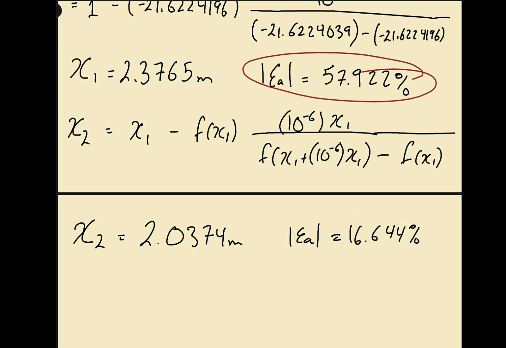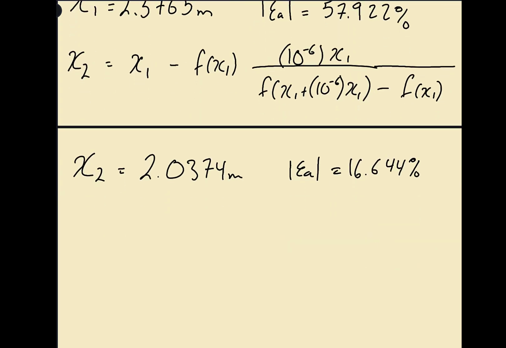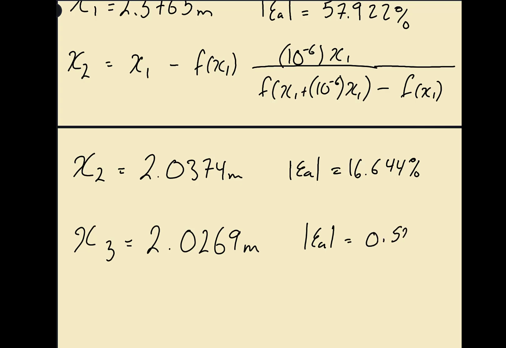So far so good. We are converging. Let's do one more iteration, and you'll find that x3 is equal to 2.0269 meters, where the relative error is 0.52%. So less than 1% at this point.